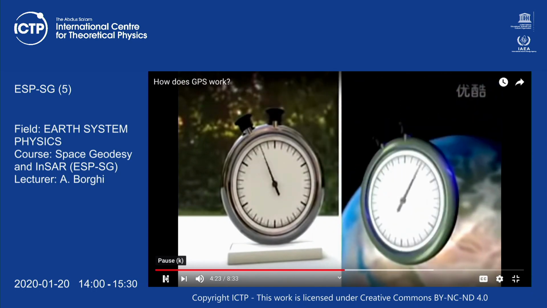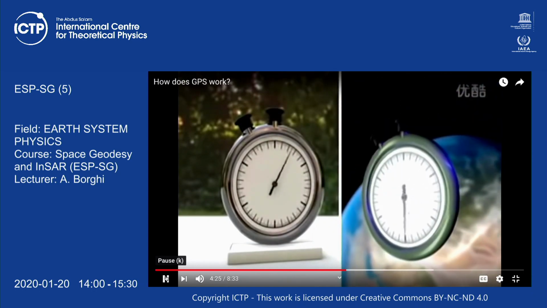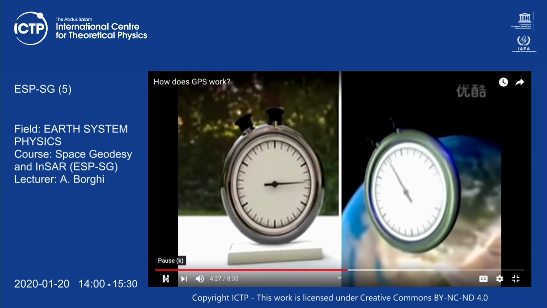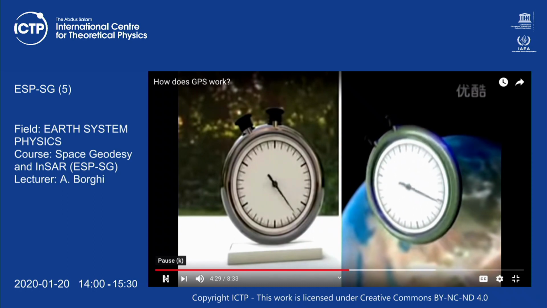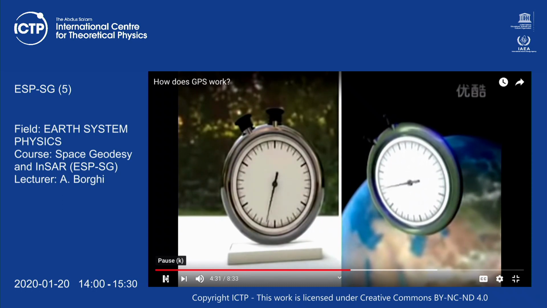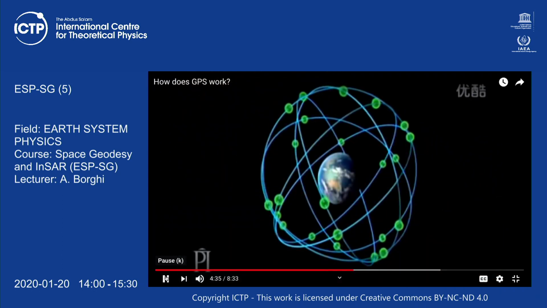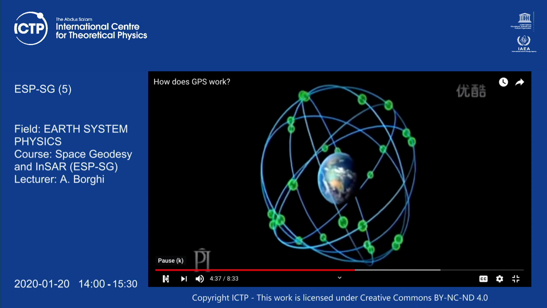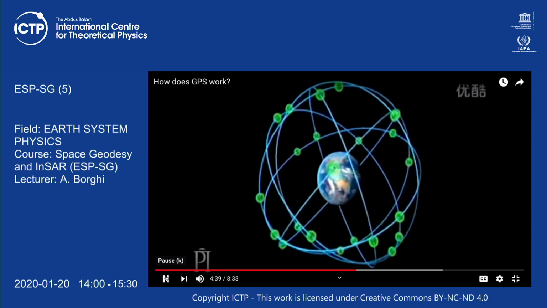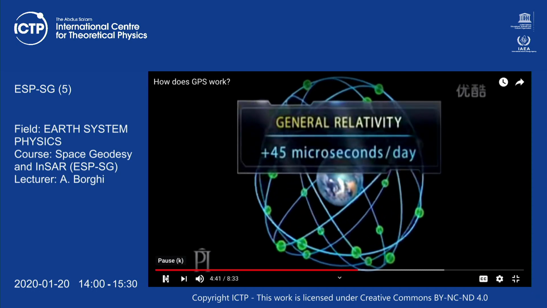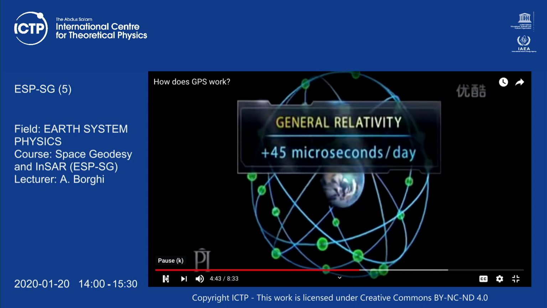Clocks farther away from Earth, where gravity is weaker, run faster than clocks closer to Earth, where gravity is stronger. The GPS satellites are located 20,000 kilometers above Earth, where gravity is much weaker than on the surface. Due to general relativity, satellite clocks run 45 microseconds faster daily.